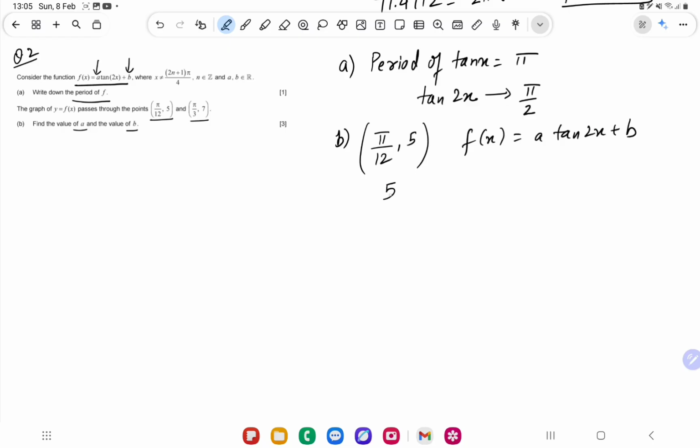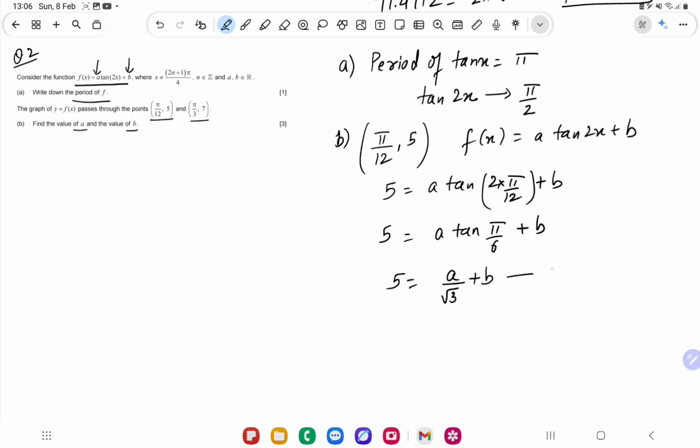So I get 5 equals a tan 2 into pi by 12 plus b. I can write this as a tan pi by 6 plus b, and tan pi by 6 is nothing but 1 by root 3. So I can write this equation as a by root 3 plus b, and this becomes my equation number 1.